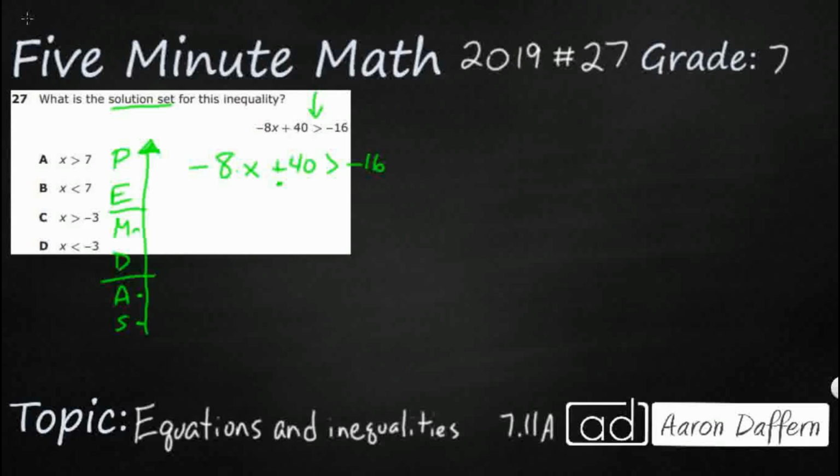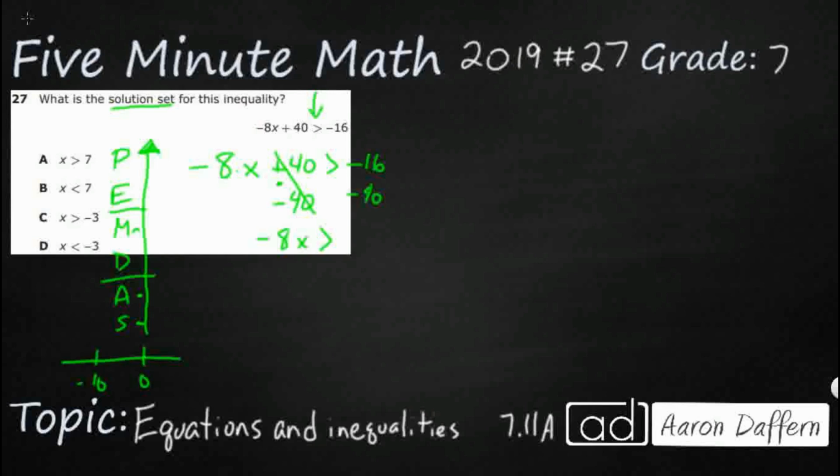So if this were a balance, we're going to have to do something to one side of our expression, minus 40, which means we're going to have to do the same thing to the other side in order to keep it balanced. So I've got -8x greater than -16 minus 40. So when you subtract, here if I got a number line, here's 0, it's -16.